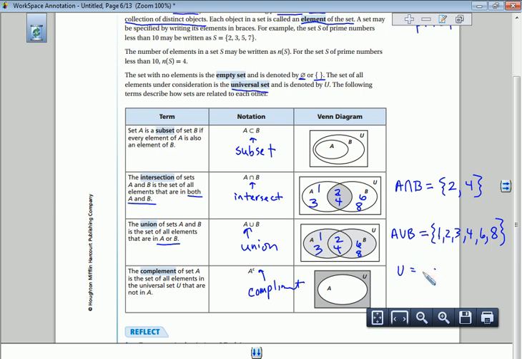No, because integers would go on forever. Whole numbers less than 10. What would the complement be if A was 1, 2, 3, and 4?